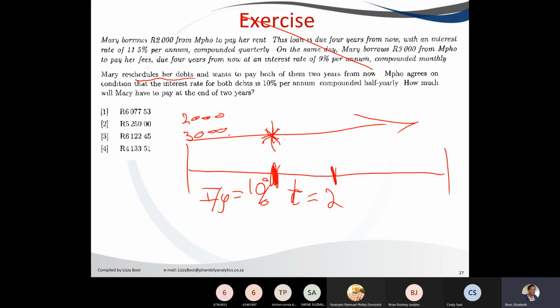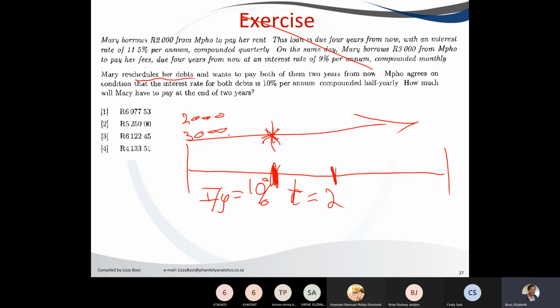And how much will they have to repay at the end of 2 years? Since nothing has kick-started, every money is still going forward, but it will be settled after 2 years.